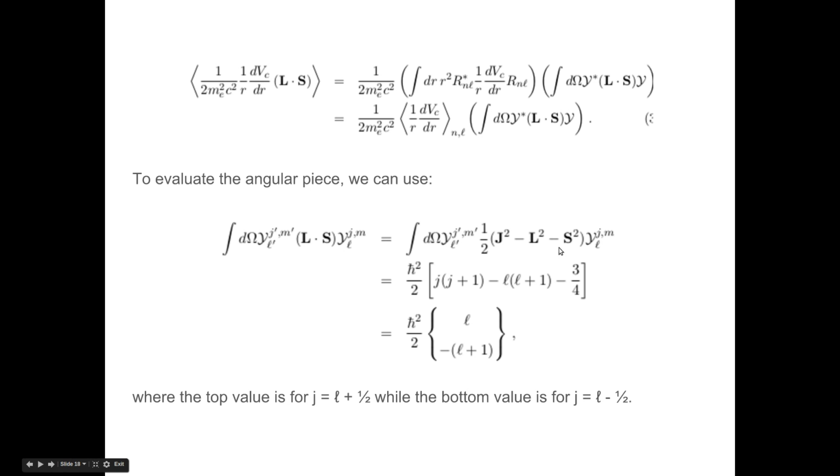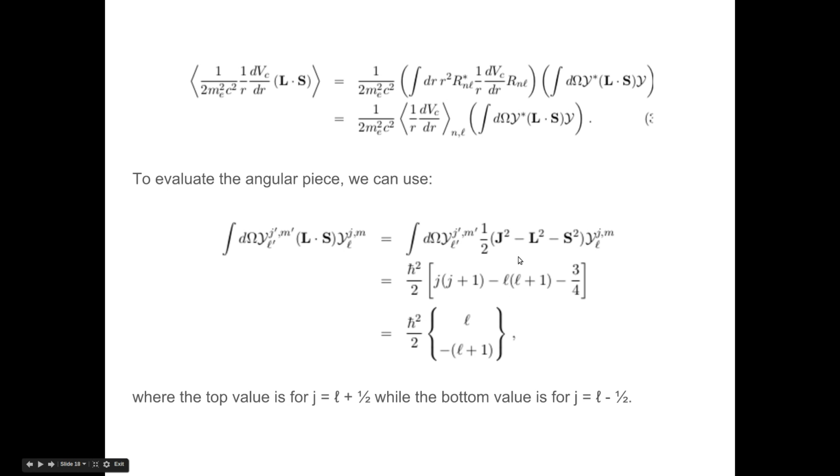So what do we have? We have S squared, and these are spin angular functions, so they contain information about the spin of the electron. S squared, when it hits this, is just going to give me the 3/4, 3/4 h bar squared. L squared, remember these are the spherical harmonics, so it's going to be L times L plus 1.